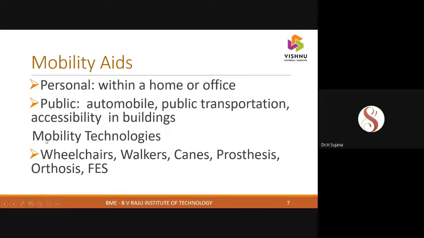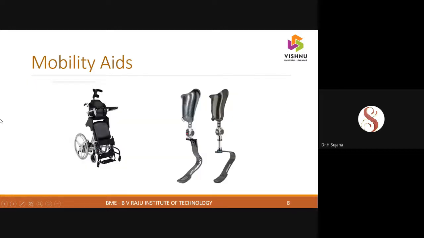The different mobility technologies can be wheelchairs, walkers, canes, prostheses, orthoses, and functional electrical stimulators. I just put two figures for your understanding. The first one shows a wheelchair, and the second one is a prosthesis for a lower limb.